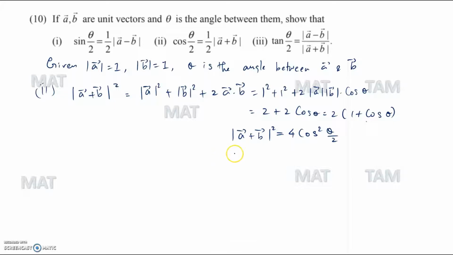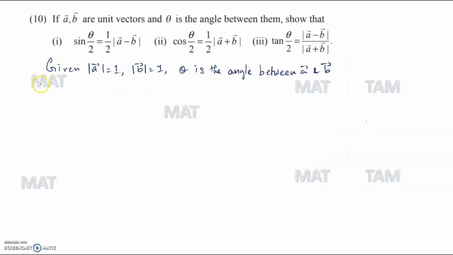So taking the root on both the sides, you will get magnitude of A plus B is equal to 2 times cos theta by 2. Therefore, we can say that cos theta by 2 is equal to half of magnitude of A plus B vector, hence the proof. Let's do the third problem now.